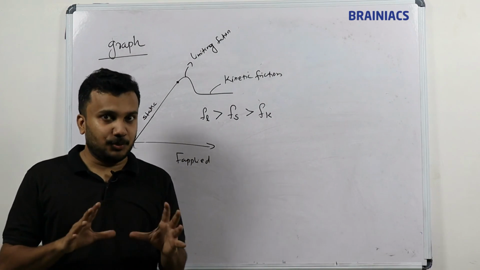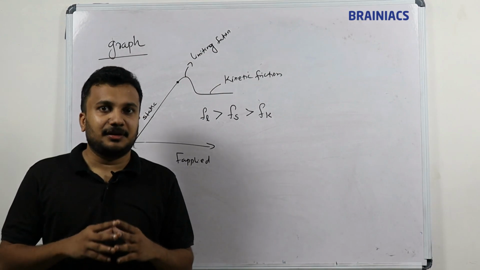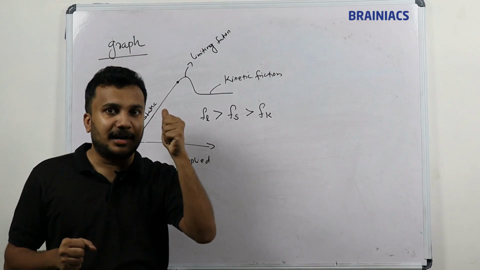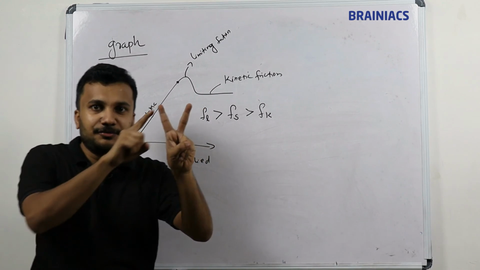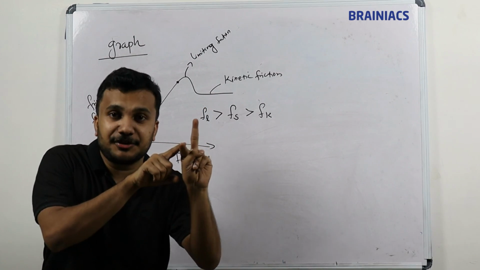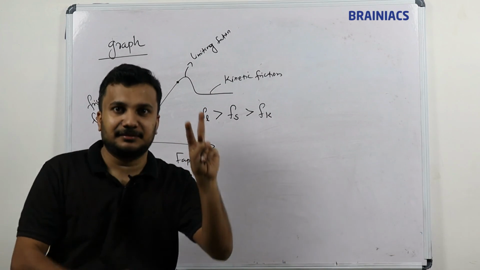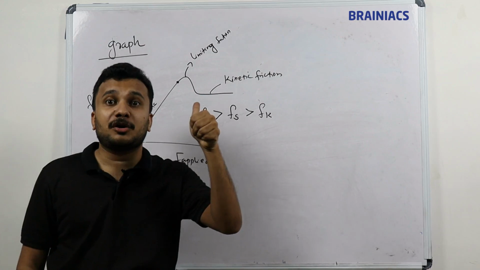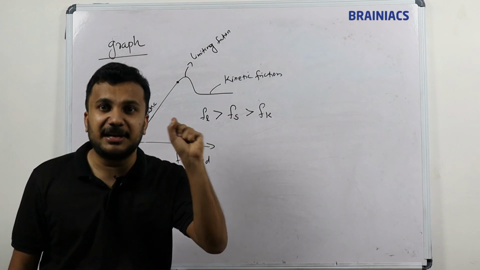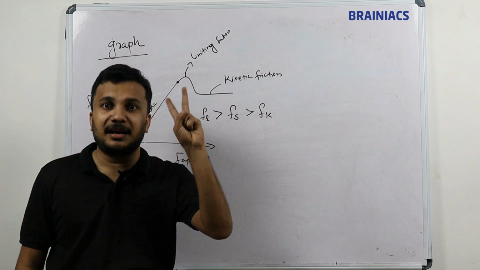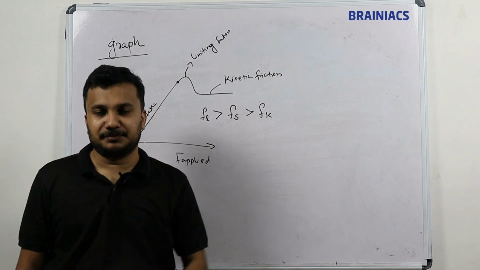Hope you understood the concepts. Let me repeat two points that should stay on your mind. First, if limiting friction is less than applied force, the block will move. The frictional force value is equal to the limiting friction value and acceleration will be there.